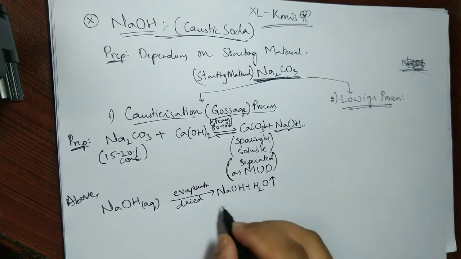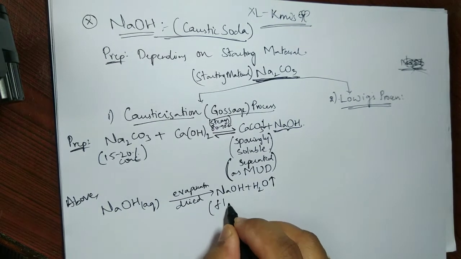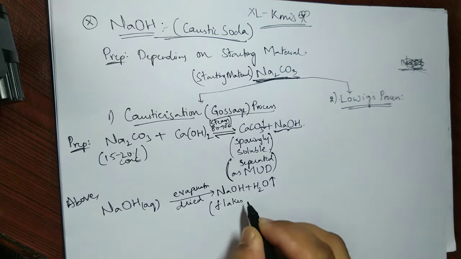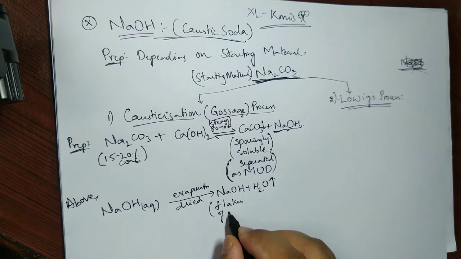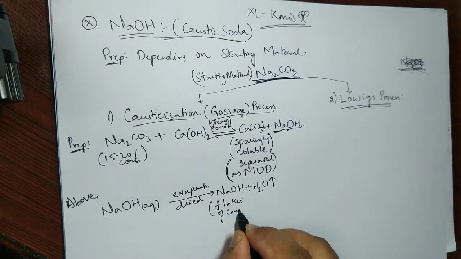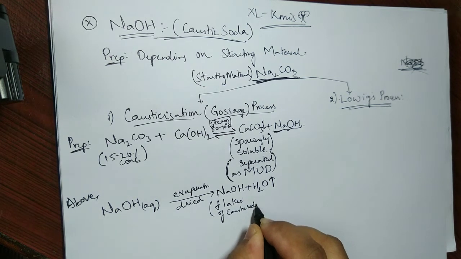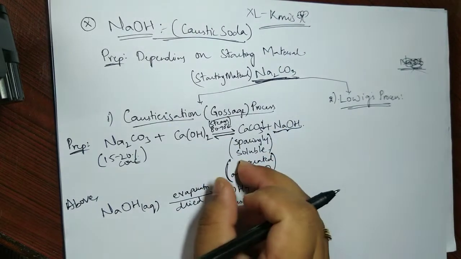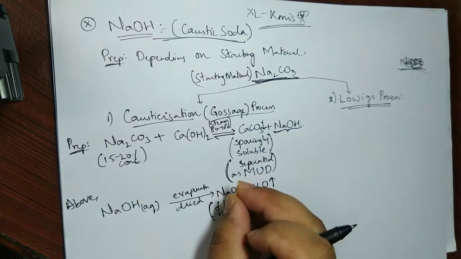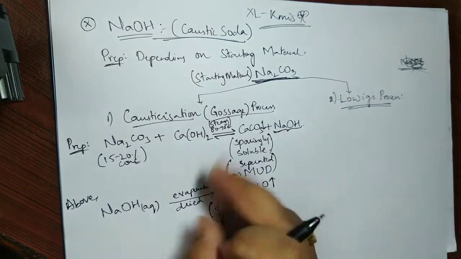So this is my sodium hydroxide, in the form of flakes of caustic soda. So NaOH is obtained this way. Very simple, not a tough part, you can easily get it.